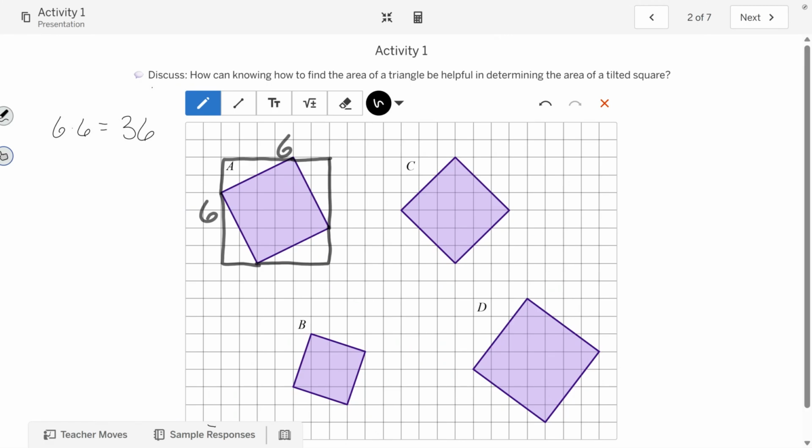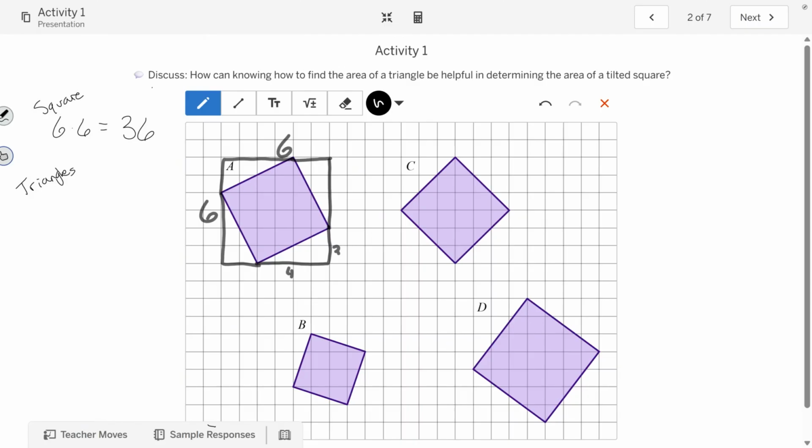Then I need to find the area of the triangles, and they are all the same, so we're just going to pick one. I'm going to look right here at this triangle. This triangle has a height of 1, 2, and a base of 1, 2, 3, 4.